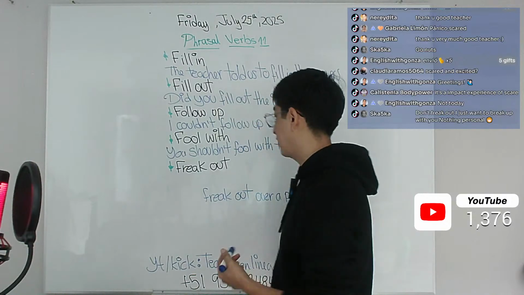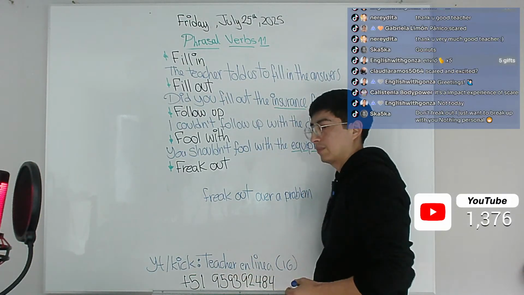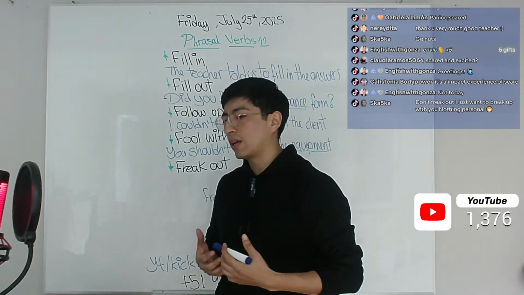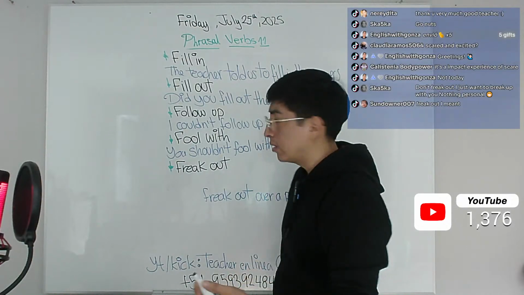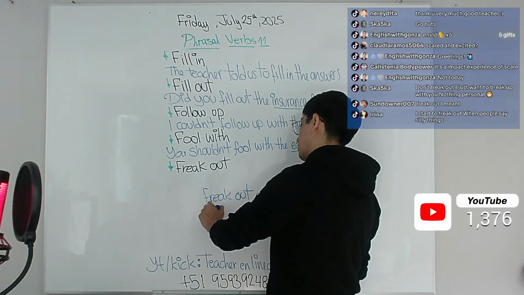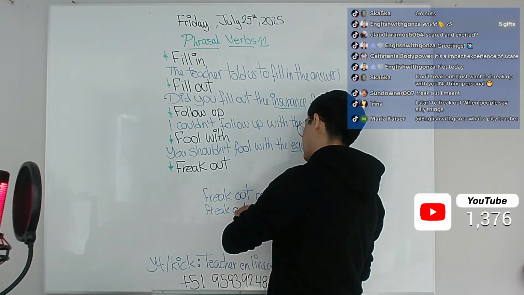Some people go crazy, go nuts over a problem. It's like, oh my God, what am I going to do now? Other people freak out over nothing, right? Freak out over nothing.